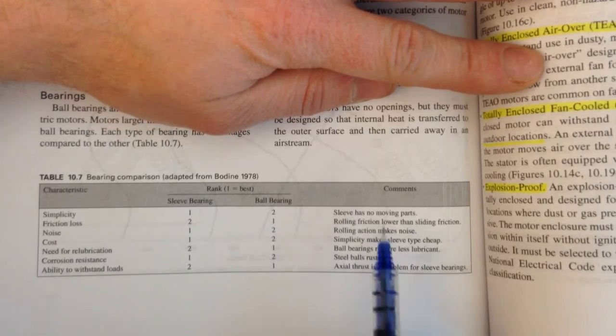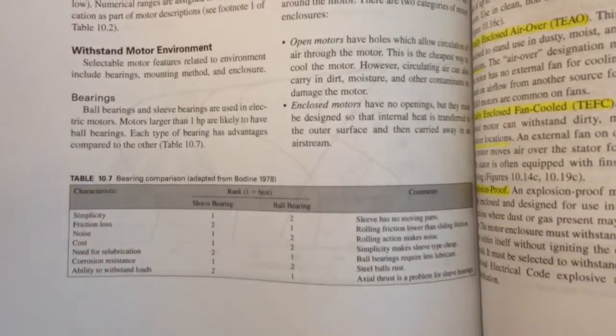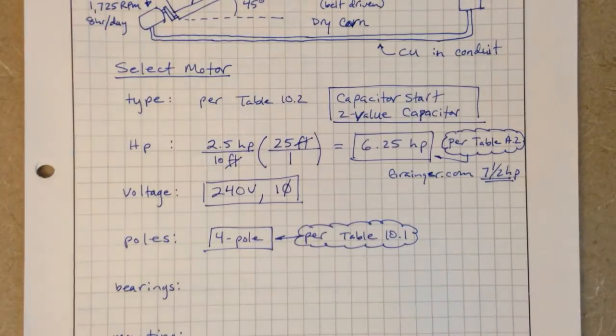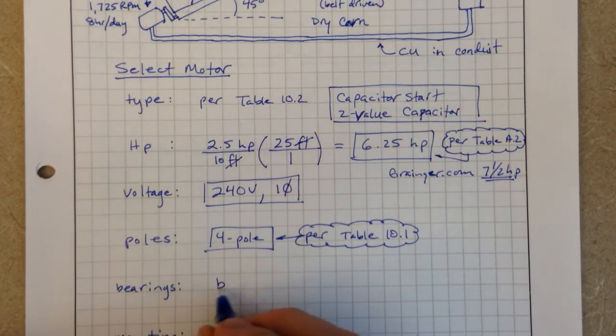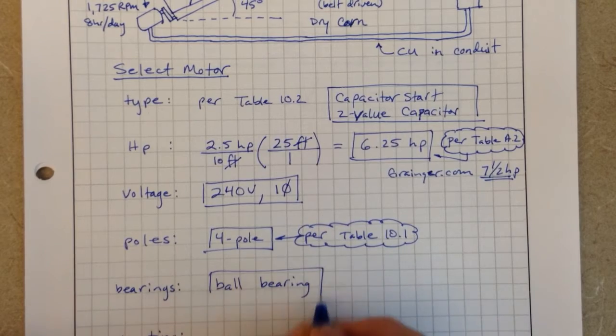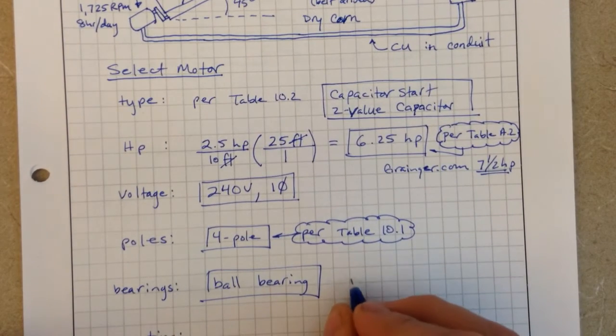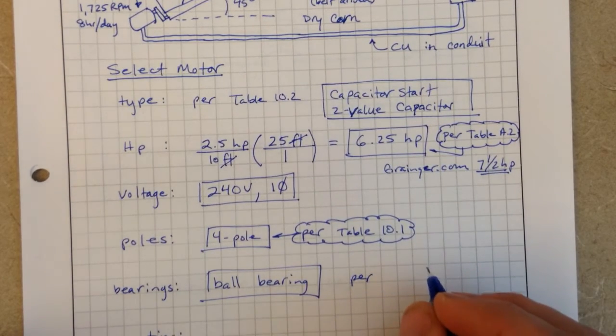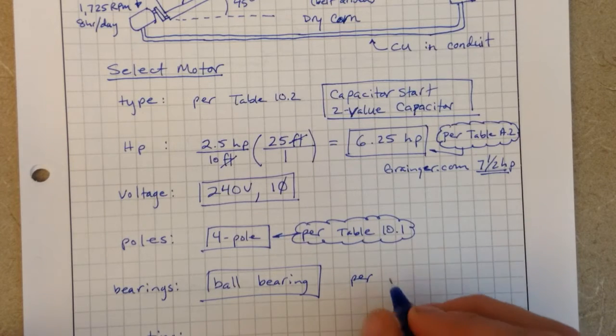Looking through all this, I would say that we would probably want to go with a ball bearing. So we'll do ball bearing. This is based on less lubrication and withstands loads better than the sleeve.